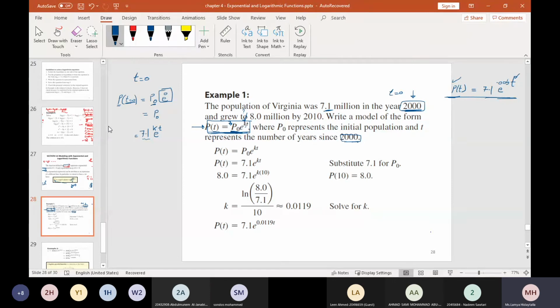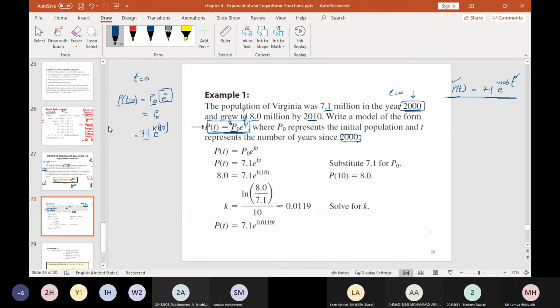Now I have another piece of information: the population grew and reached 8 million in 2010. So the time from 2000 to 2010 is just 10 years. So instead of t, I can substitute 10.